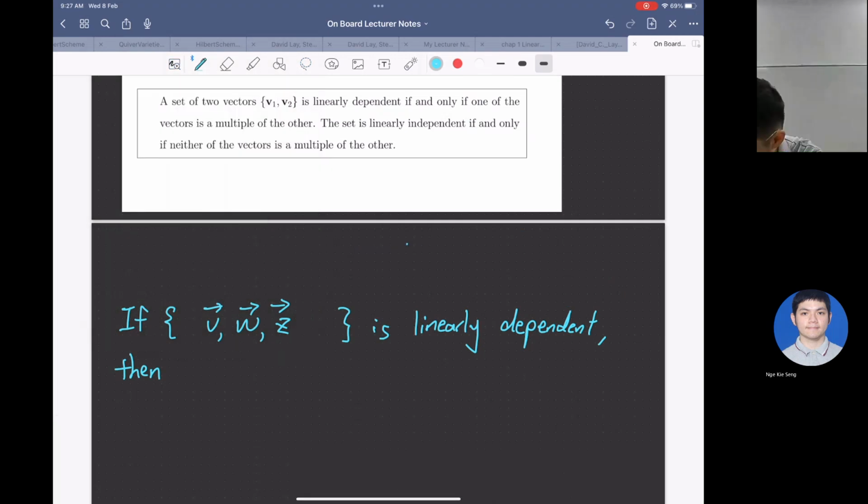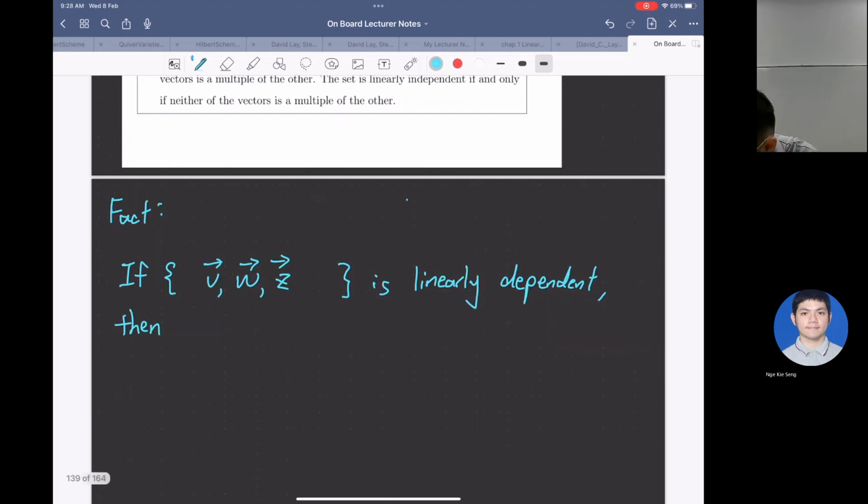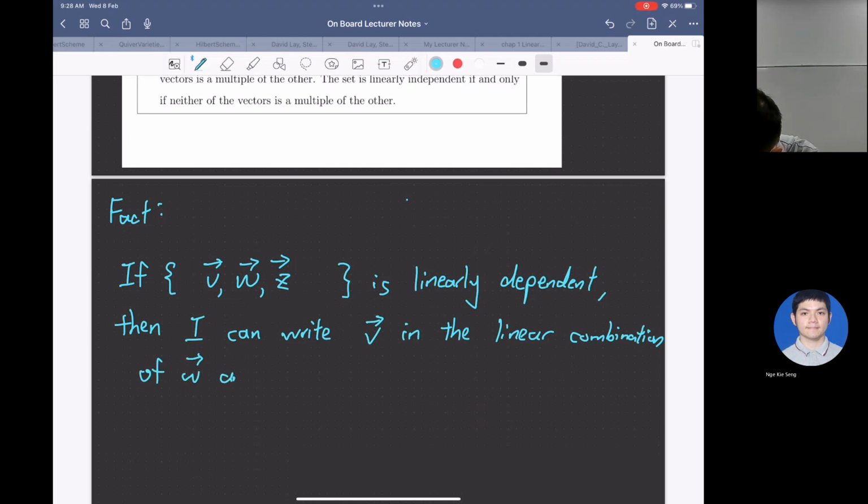If you have 3 vectors that are linearly dependent, then I can write V hat in terms of the linear equation of W hat and Z hat.